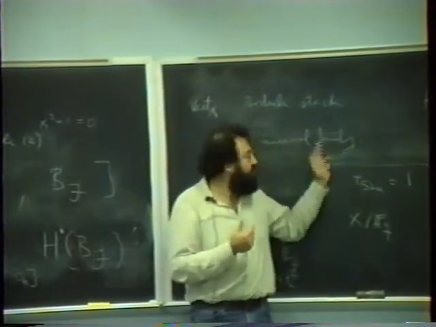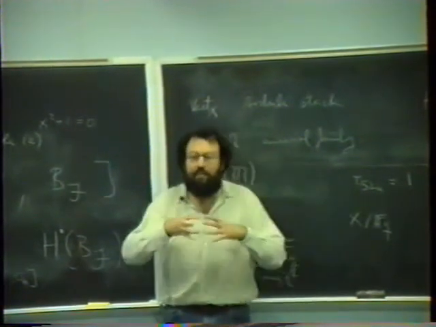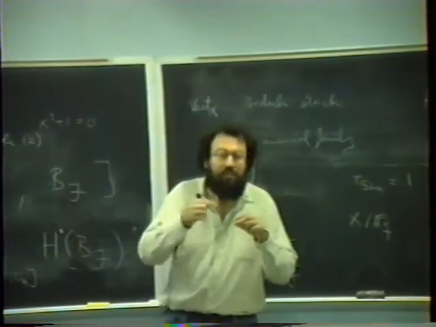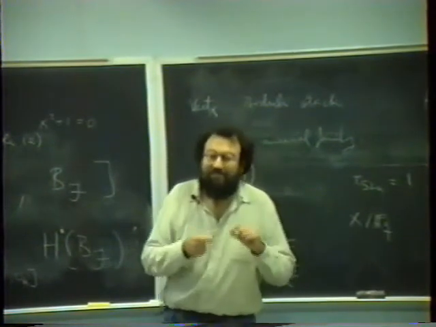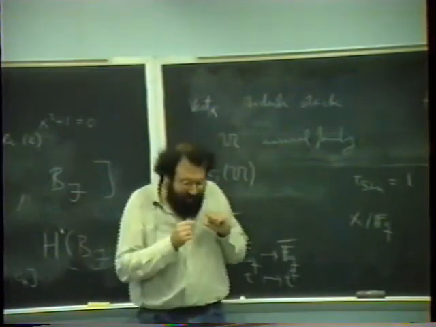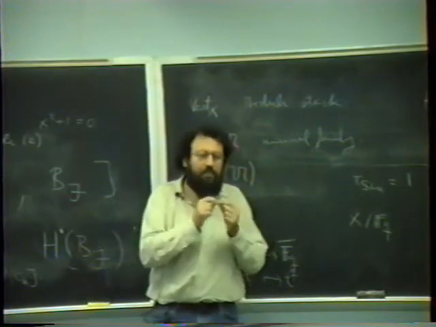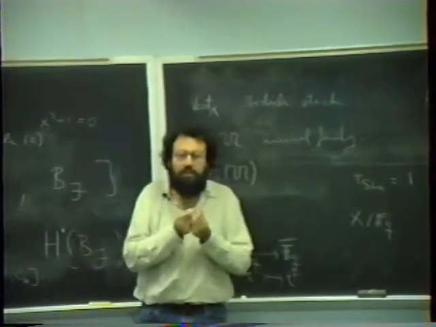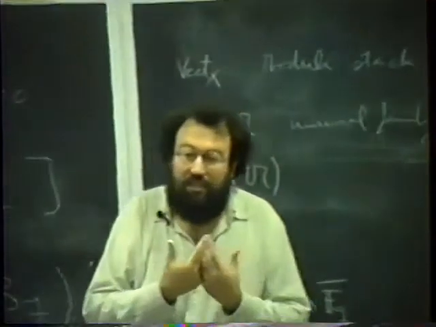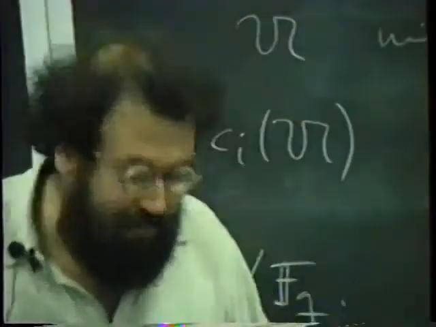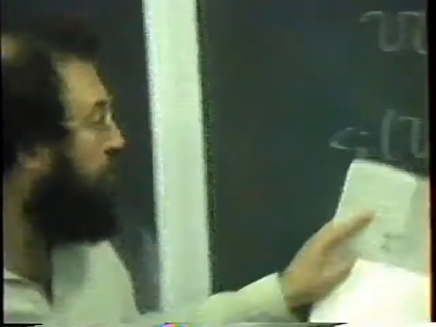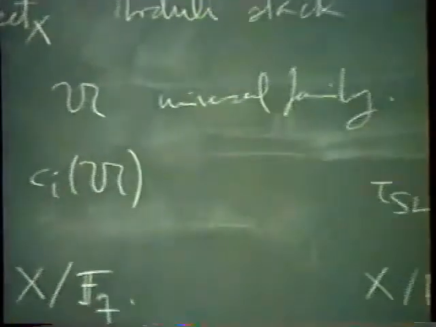I like to think of algebraic stacks somehow as geometric objects with inner symmetries. So you have to take into consideration that your points now are going to have inner symmetries. And these should come into whatever formulas you consider. So it seems very reasonable in these situations.